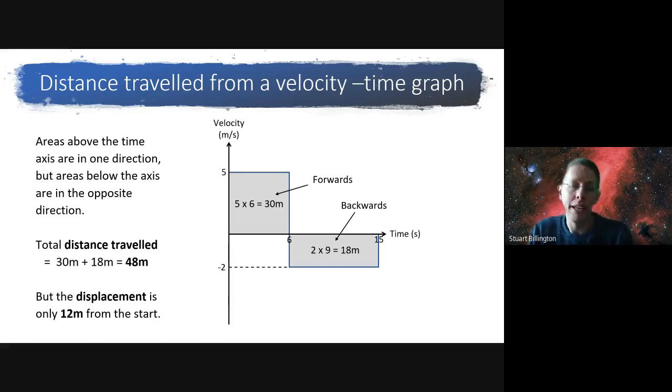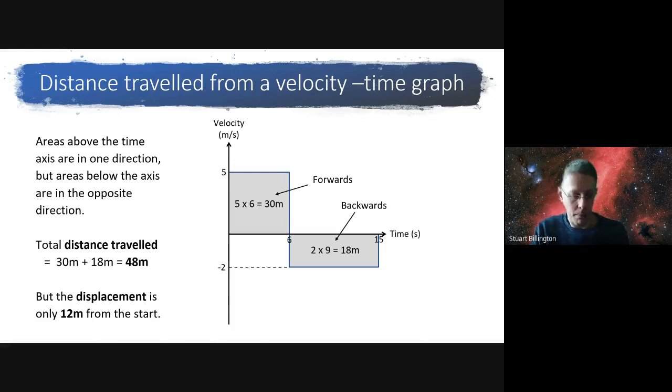And that word is displacement. So in this particular case, we can say the distance traveled is the two areas added together, 48 meters, but the displacement is the forwards take away the backwards, so that we can see that we only ended up 12 meters from where we began.